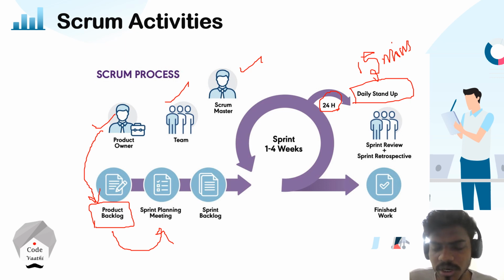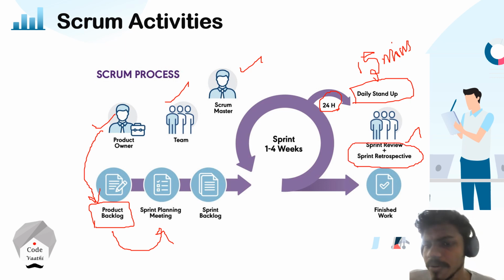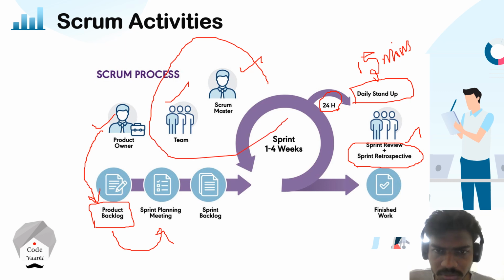Sprint review: once a particular sprint is done, in the sprint review meeting, the customer comes and sits with the project manager to review how this particular sprint has gone, and those kinds of things will be discussed. The sprint retrospective is a very important meeting, I would say. This is where the core team, Scrum Master and the team sit together and discuss what went right and what went wrong, and capture some lessons learned, which can be very useful for people in the upcoming sprint.